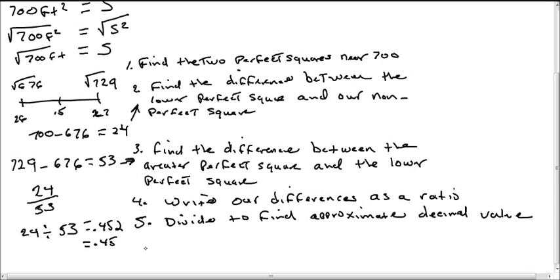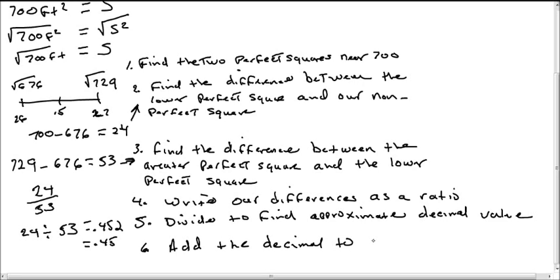Now I need to find the approximated value by adding. We add the decimal to 26. Let me go back over here so you can see. If I get 24 here, and then I'm going to get 29, it is pretty much closer to 676. So we want to add this to 26.